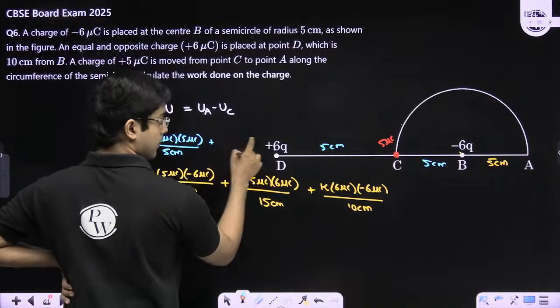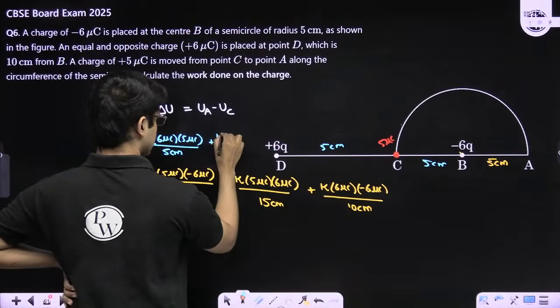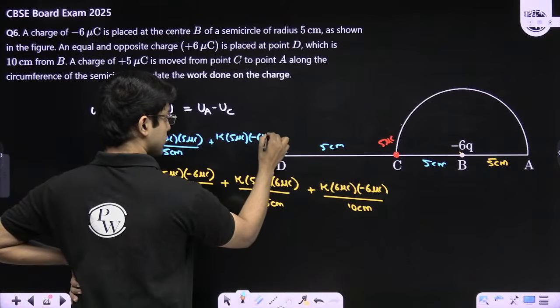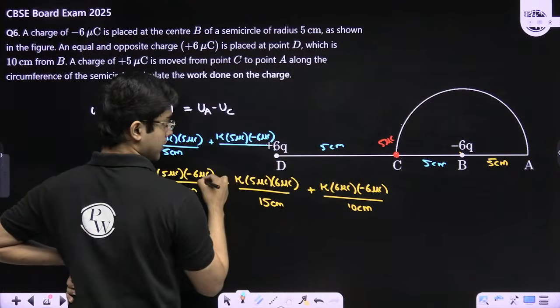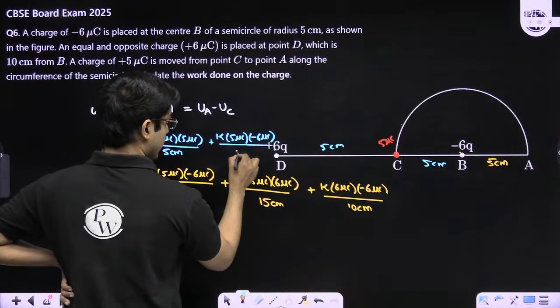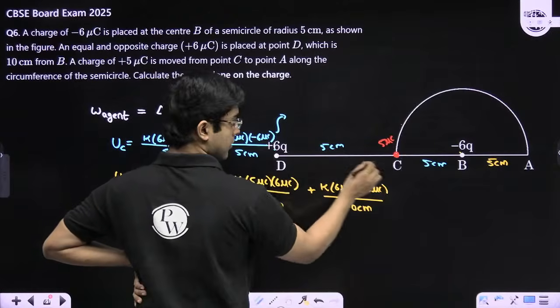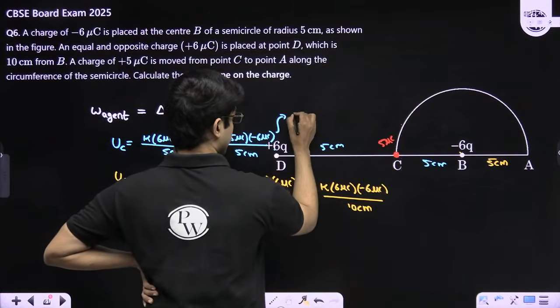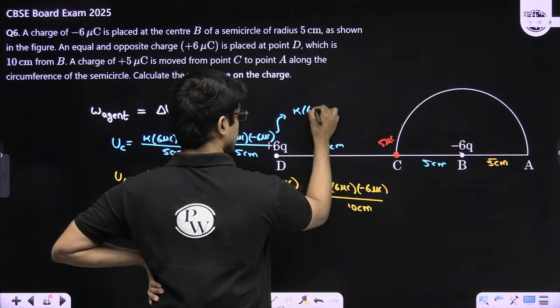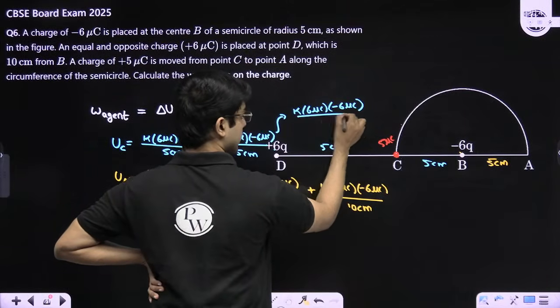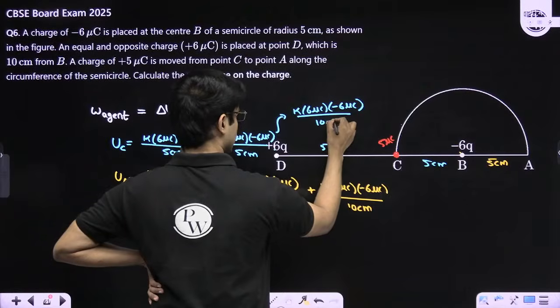And between 5 and minus 6, the negative charges you should substitute with their negative sign, divided by distance 5 centimeter. And finally we have plus 6 and minus 6 once again: K into 6 microcoulomb into minus 6 microcoulomb divided by 10 centimeter.